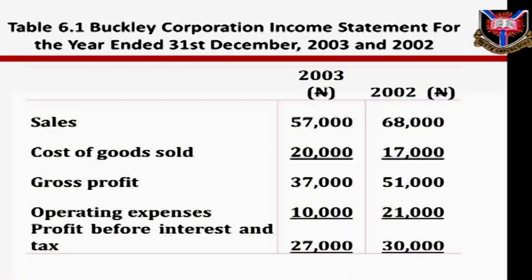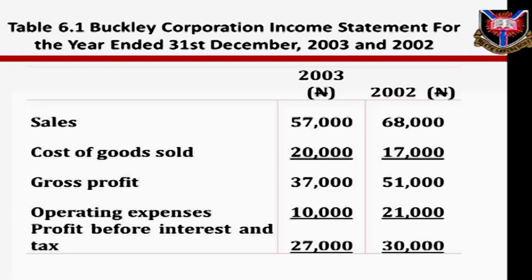Buckley Corporation income statement for the year ended 31st December 2003 and 2002. In 2003, value of sales was 57,000. In 2002, it was 68,000. Cost of goods sold in 2003, 20,000; 2002, 17,000.